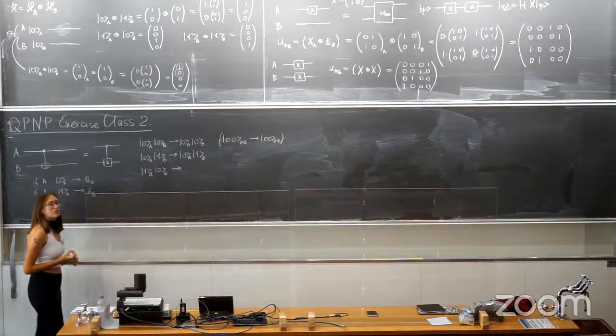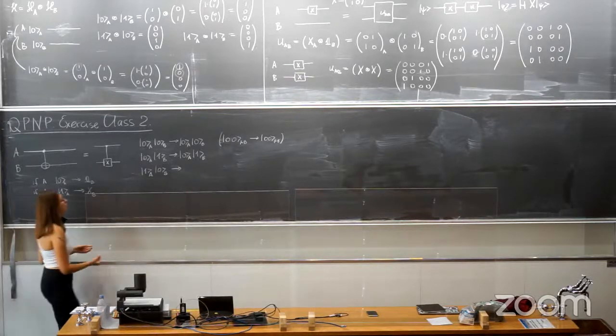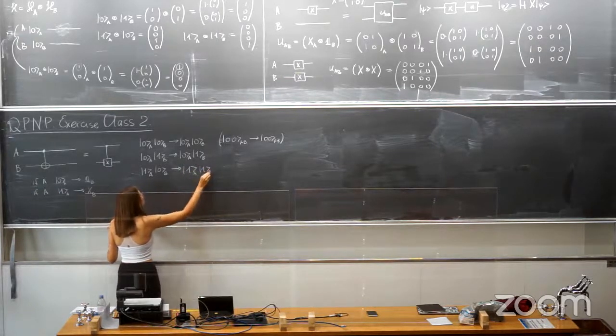How does X act on the 0 state? Yes. So we're going to get 1 on A and 1 on B.